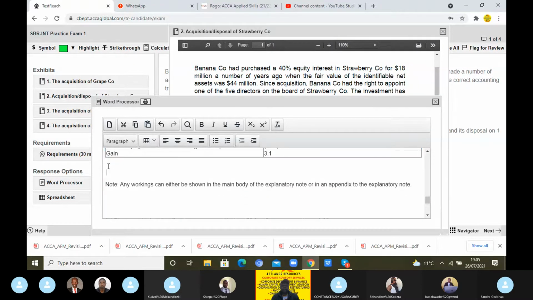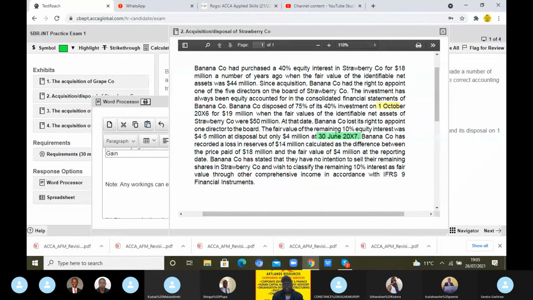Now, as far as banana is concerned, what they had done is they had calculated a loss of 14 million in reserves, found as a difference: 18 minus balance at 30 June. So this loss was wrongly calculated, and we have to reverse it.